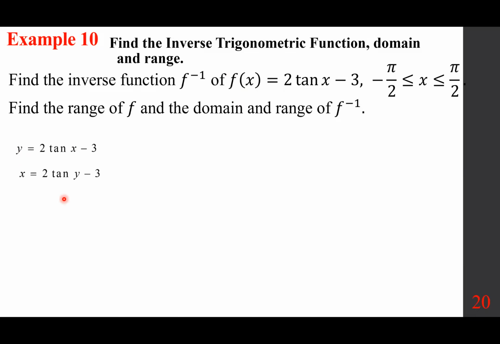However, we're going to move this, and we're going to divide by 2. So tan inverse of this expression, x plus 3 over 2, is y. And we're going to change the y to f inverse. So we found the inverse function.